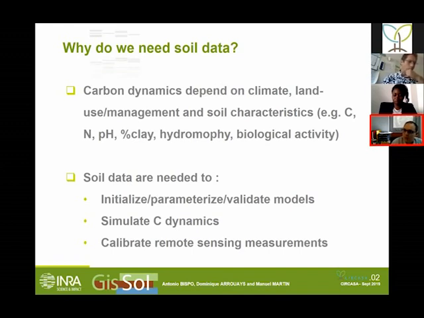So we need soil data because we need to initialize, parameterize, or validate models, and then this will allow you to simulate carbon dynamics. But also you need soil data to calibrate remote sensing measurements, for example, if you want to use remote sensing.